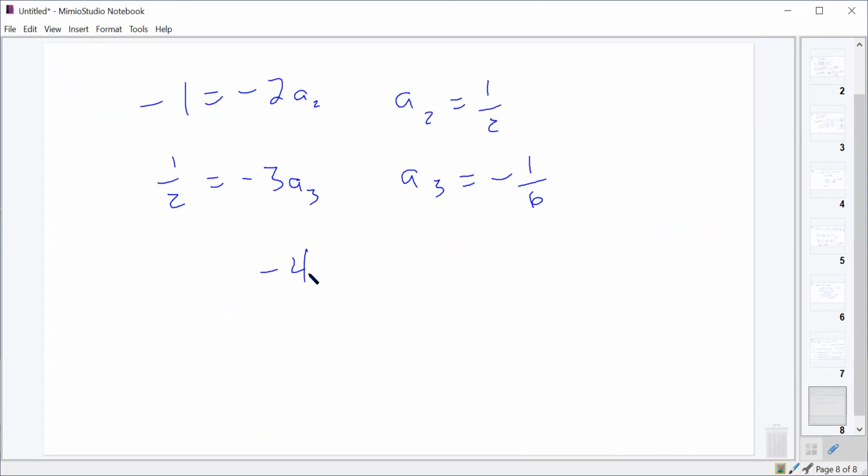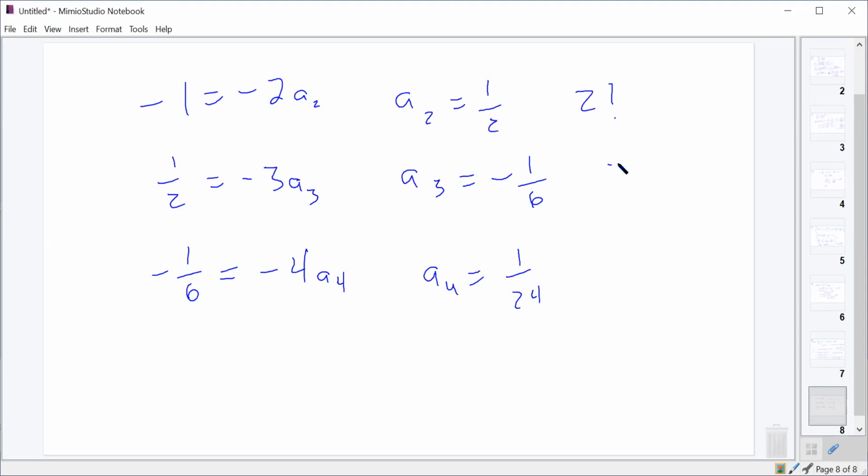So we have negative 4 a sub 4 equal to our value of a sub 3, which was negative 1/6. And so that's just going to give us a sub 4 is equal to 1/24. And from that point, we should see that there's a pattern going on here, which is that these are alternating, first of all, and that these are increasing.